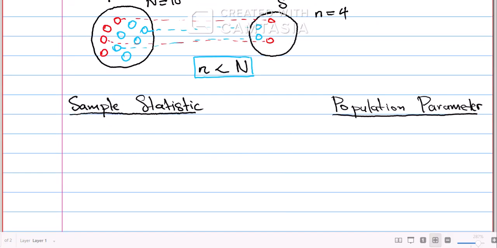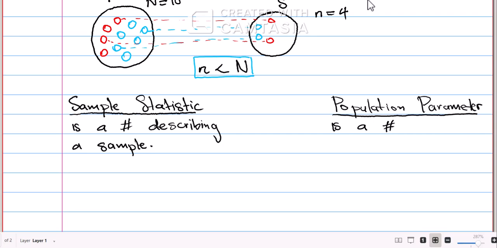These two are also important, the sample statistic and the population parameter. The sample statistic is a number describing a sample. Then the population parameter is a number describing the entire population.